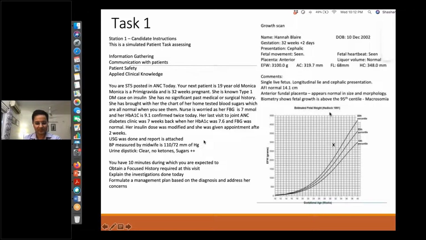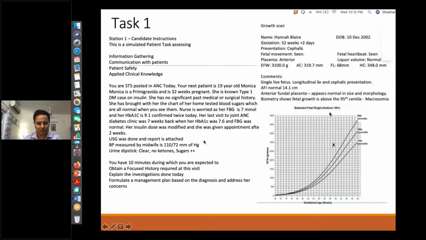And your urine shows the sugars are present, and the ultrasound has been done, and the report is attached. I want to examine your tummy and look at the heartbeat, and measure the fundal height from the pubic bone to the top of your womb.